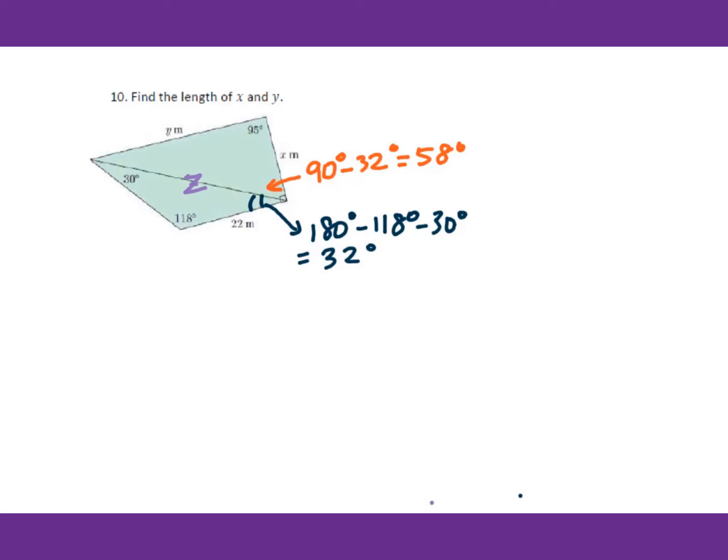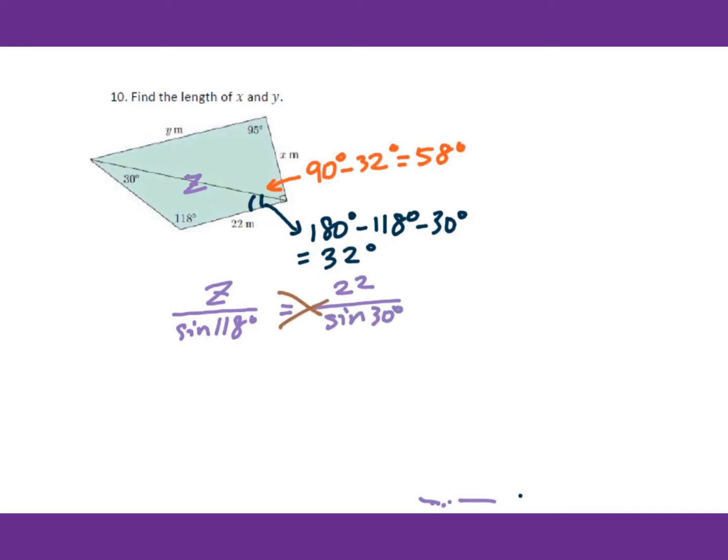For this z, we go to this triangle because z is the common side of these two triangles. We use Sine Law because it's dealing with two angles. z over sine 118 degrees equals 22 over sine 30 degrees.